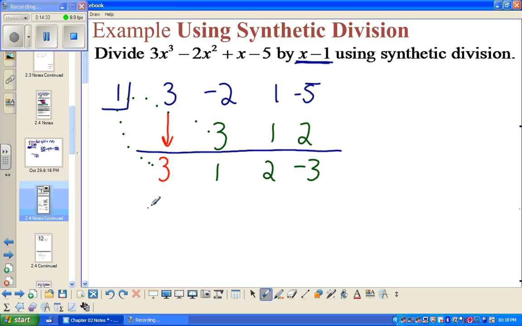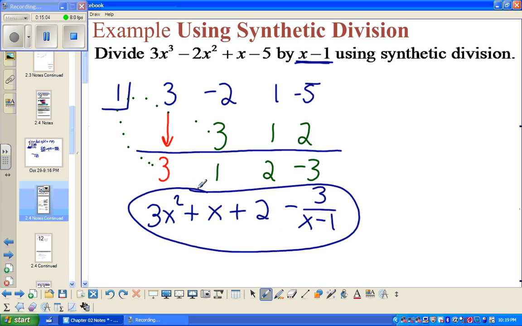So what that means is this 3 gets attached to an x squared, the 1 gets attached to an x, the 2 is our constant, and then this minus 3 is our remainder. We can see using synthetic division is a lot faster than long division with polynomials.